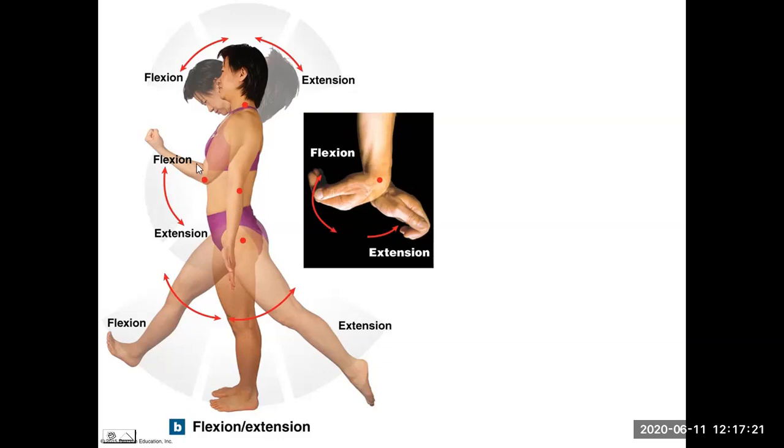When you flex a joint, you're reducing the angle at that joint. Whereas extension means to return to anatomical position. This diagram shows a person extending beyond anatomical position, and the proper term for that is hyperextension. Returning just to anatomical position is extension, and if you keep going beyond that, that's hyperextension.